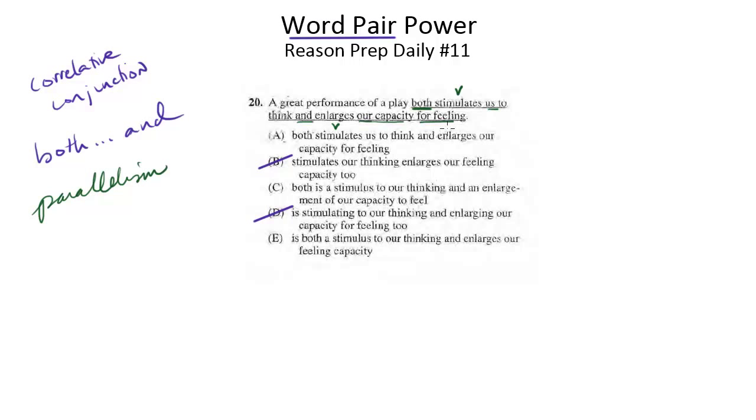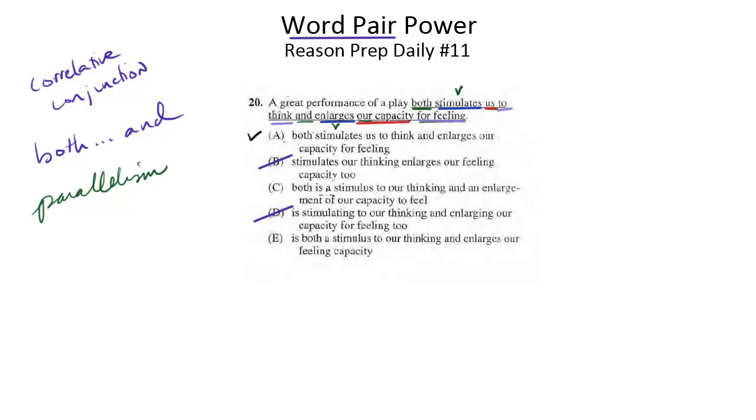And then we've got for feeling, which matches up with to think. So if I color code this, here's a blue verb, here's a blue verb, here's a red direct object, here's a red direct object, and then here's a purply pink phrase that completes it. So these are already parallel, which means we like A.